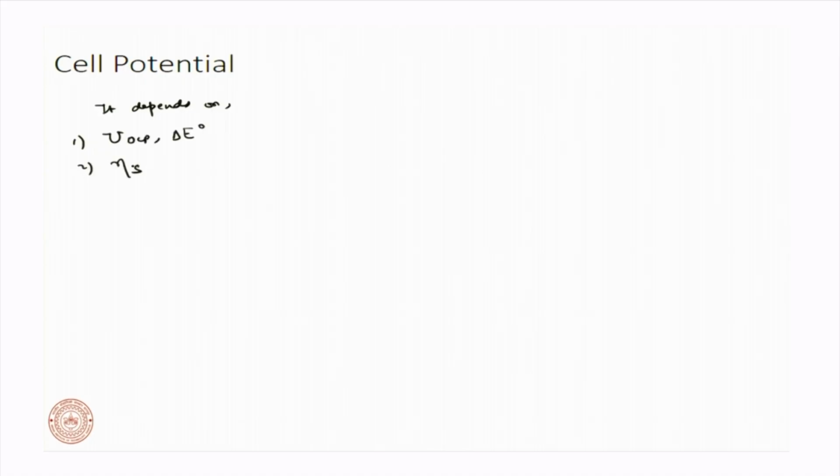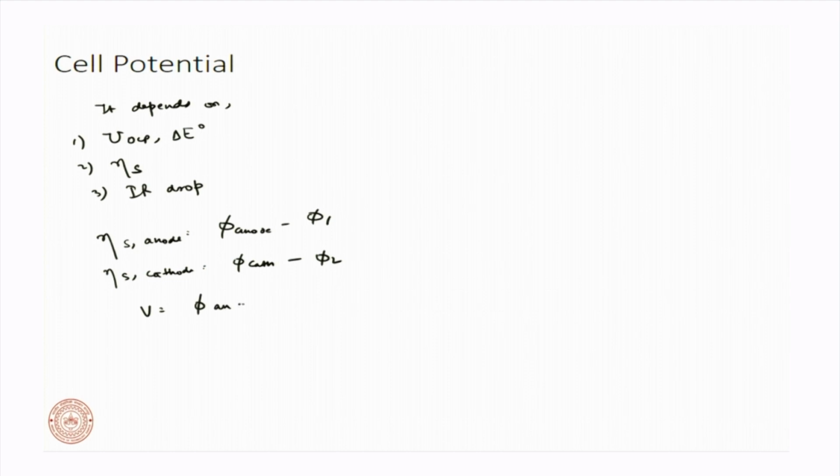It depends on your overpotential, that is eta S. It depends on your IR drops, that is your ohmic drop, how much voltage is dropped across a resistance, and all of this together will give us that eta S for the anode equals phi anode minus phi 1, eta surface for the cathode is equal to phi cathode minus phi 2, okay, and then the voltage is equal to phi anode minus phi cathode, or the other way around, phi cathode minus phi anode, and we can plug everything together into this equation and we can find out what is the net cell voltage, right.